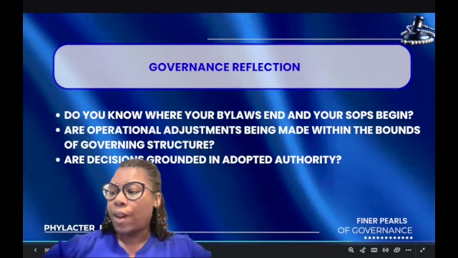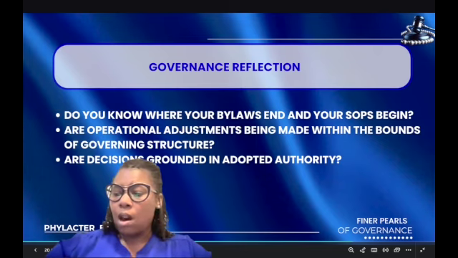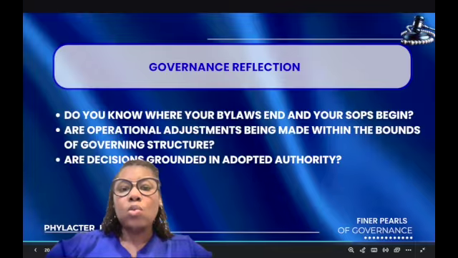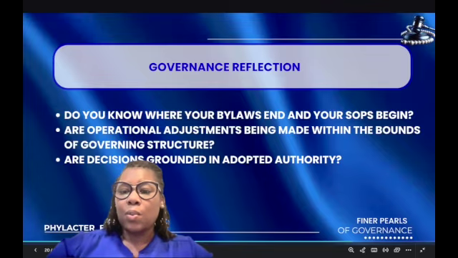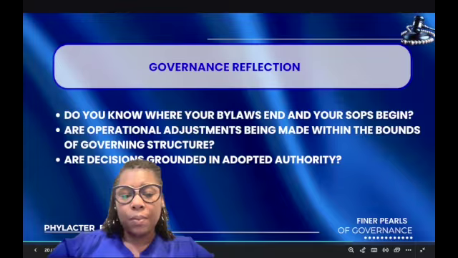So to reflect on our governance process, I want you to ask yourself 3 questions. Do you know where your bylaws end and your SOPs begin? Are operational adjustments being made within the bounds of governing structure? And are decisions grounded in adopted authority?